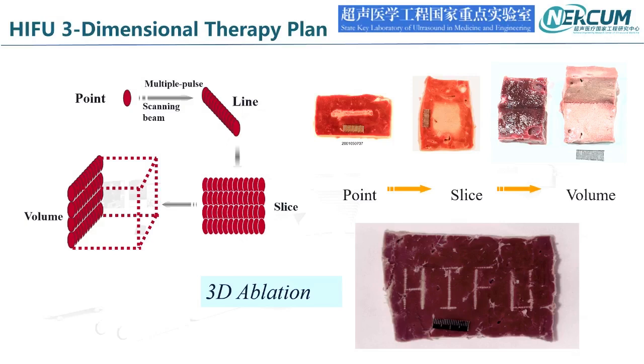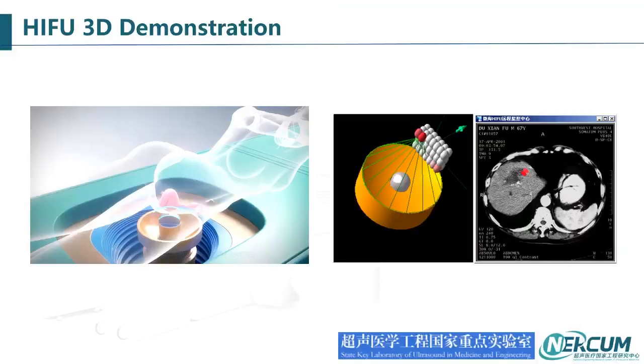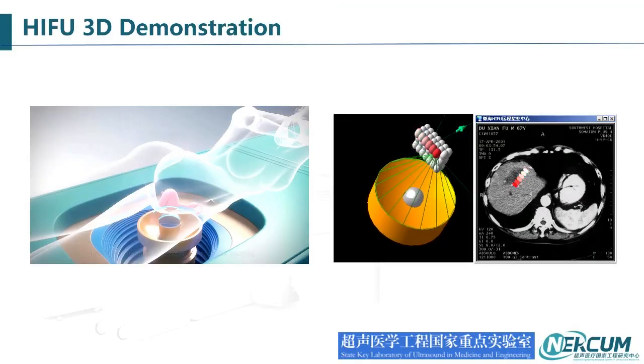Tumors may have irregular shapes, so there may be residues in those irregular areas. Also, closer to the tip of the needle the energy is higher, and farther away it is lower. Such an approach may lead to poor necrosis in the outer range.